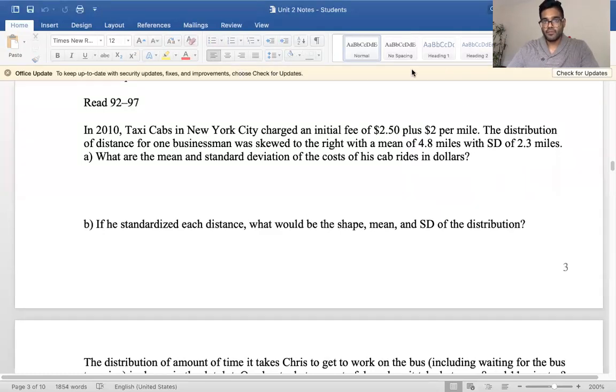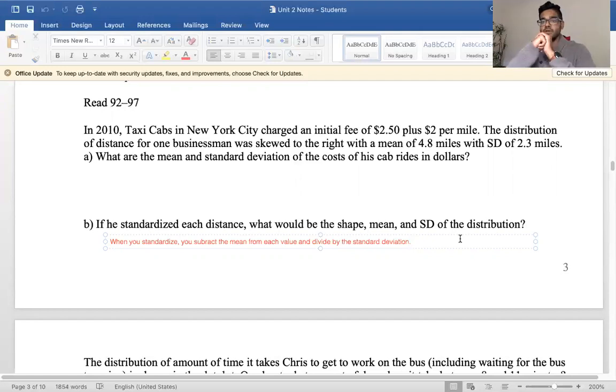What you do when you standardize is you subtract the mean from each value and divide by the standard deviation. If you think about it a little, when you subtract the mean from every single value and add all those up, the mean is like your middle value, your balance point.